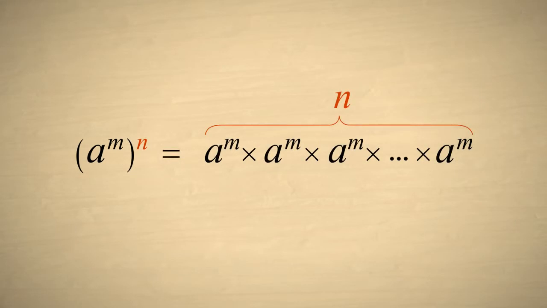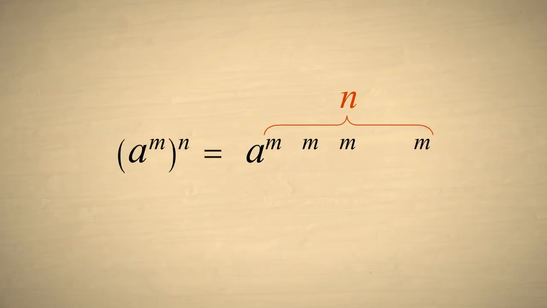In general, if we start with a with an exponent of m and raise that expression to some power n, this is equivalent to n copies of that expression multiplied together. Since these multiplied expressions have the same base, we can add their exponents. This gives us an exponent of n m's added together.